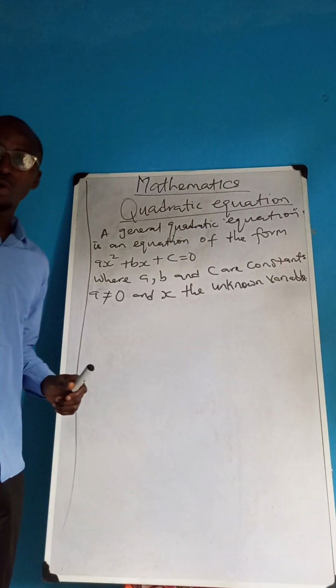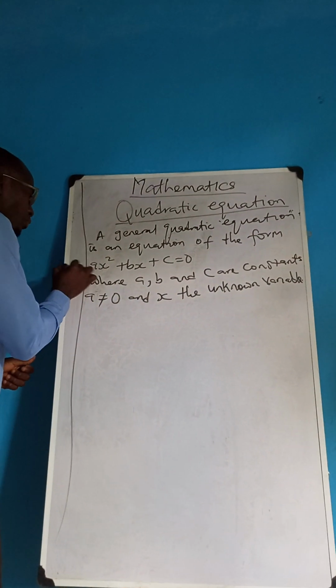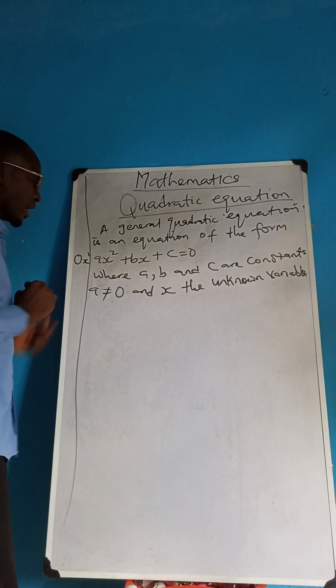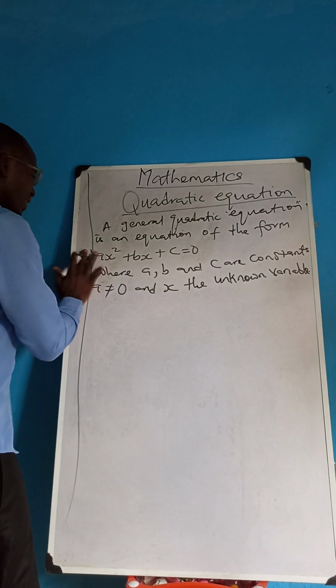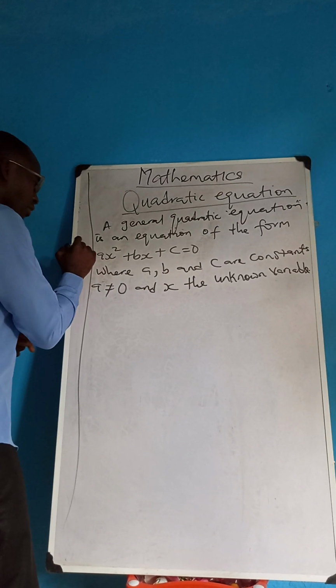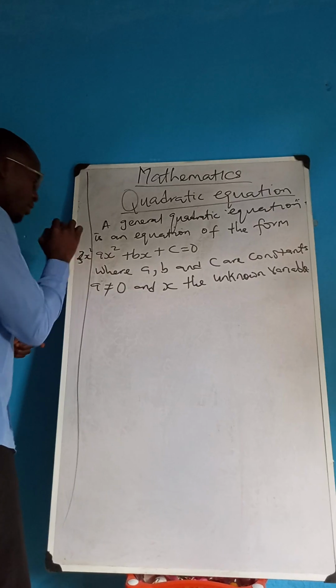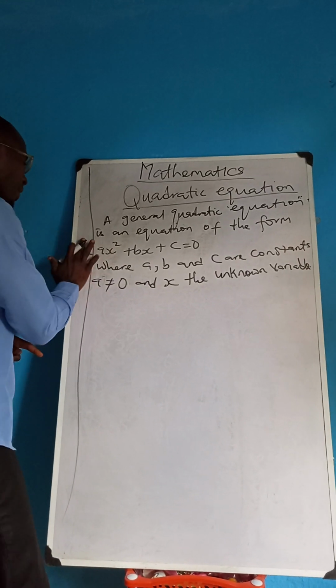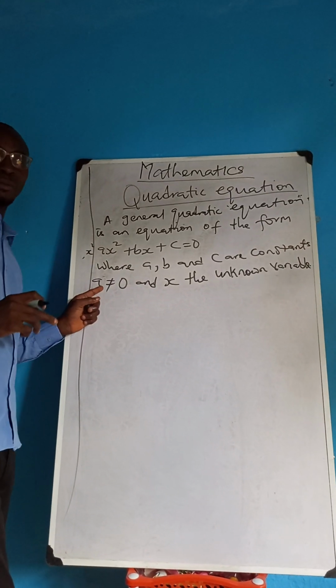A is not equal to 0. It means you cannot put 0 x squared. That means there must be a number like 2, 3, 4, and so on. A will not be equal to 0. That is what is implied here.